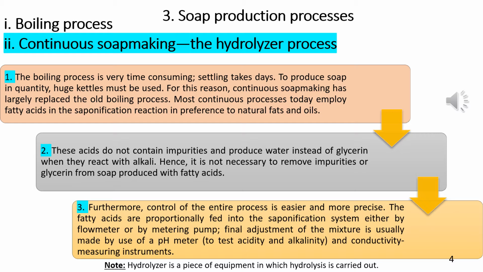When the fatty acids are fed into the system, after that the final adjustments of the mixture take place through pH meter and the conductivity measuring instruments. So why are we using the pH meter here? We are using the pH meter to test the acidity and alkalinity of the mixture.